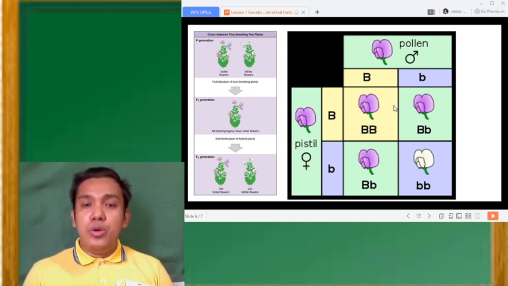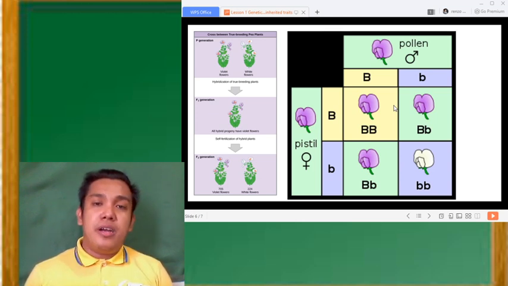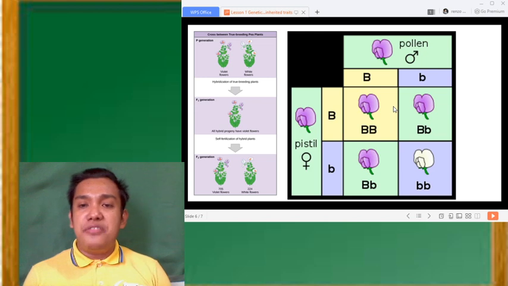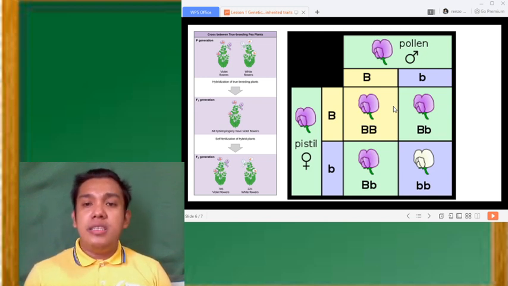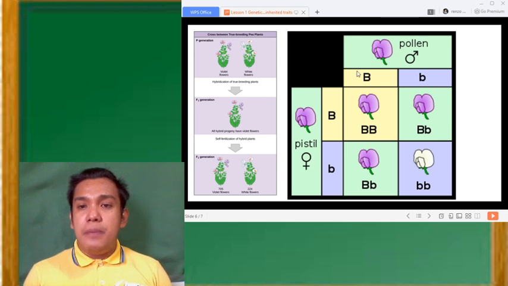To formulate the traits of every flower, or the color of the flower, we have to multiply each genotype. So we have here capital B and lowercase b, and lowercase b.